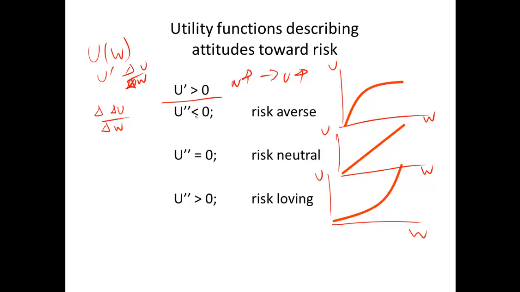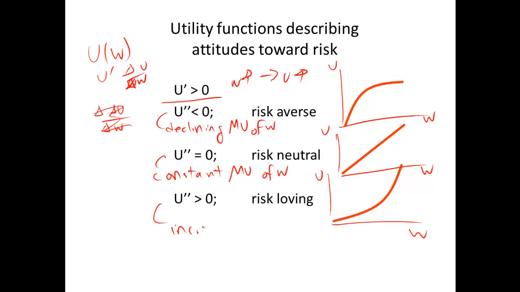And the idea is that, maybe a much better way to say it, this one here is declining marginal utility of W. This one here is constant MU of W. And this one here is increasing marginal utility of W.